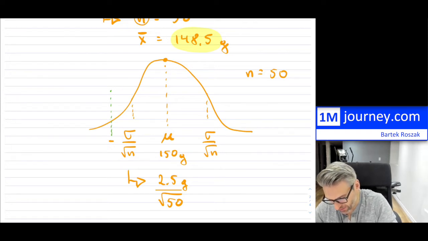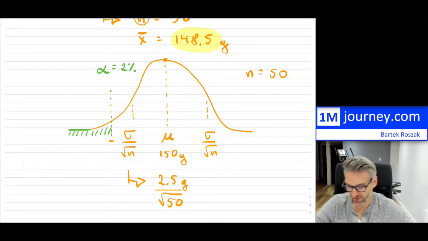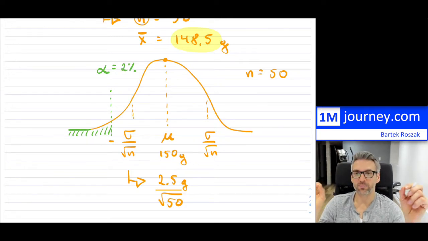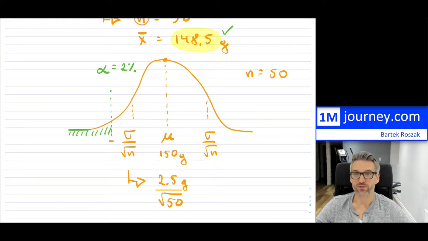And then the threshold is, how likely could this possibly be? This threshold level that we have, maybe you wanted a threshold of 1%, or 2%. So let's say 2%. Now, what does that mean? That means if we take this 148.5, we can find out the probability.